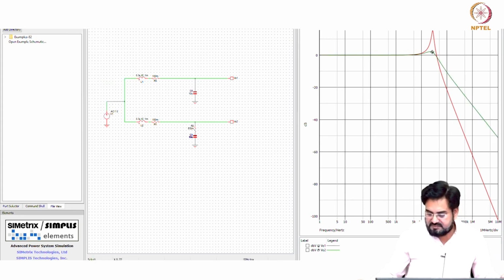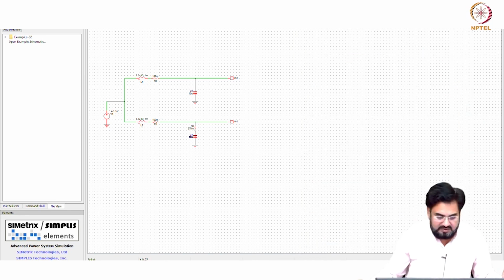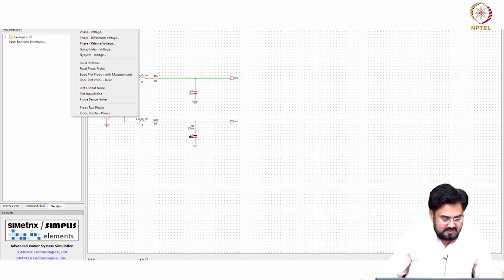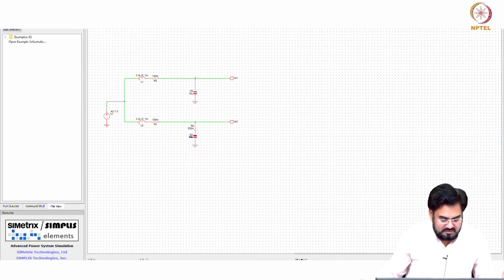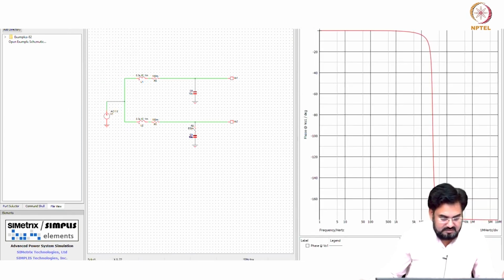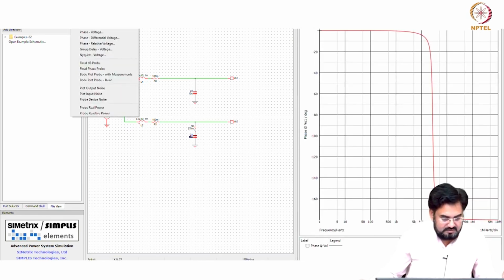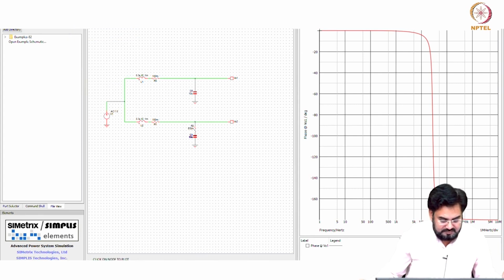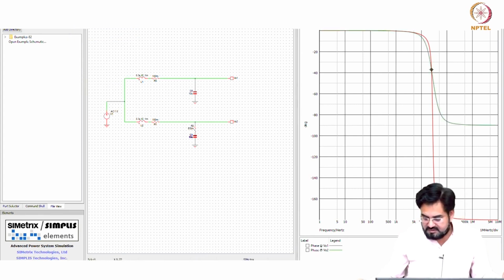the 0 is appearing very close to it, because your curve has changed right from here. So we look at phase. Okay. So this is your resonance frequency.